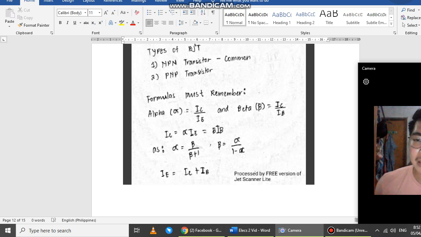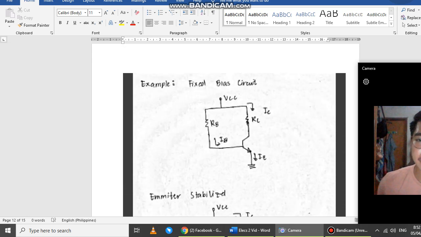And the current passing through the emitter is equal to the current passing through the collector plus the current passing through the base, as we have the KCL: the current going in and the current going out at the emitter is equal to the current going in of the collector plus the current going in of the base.